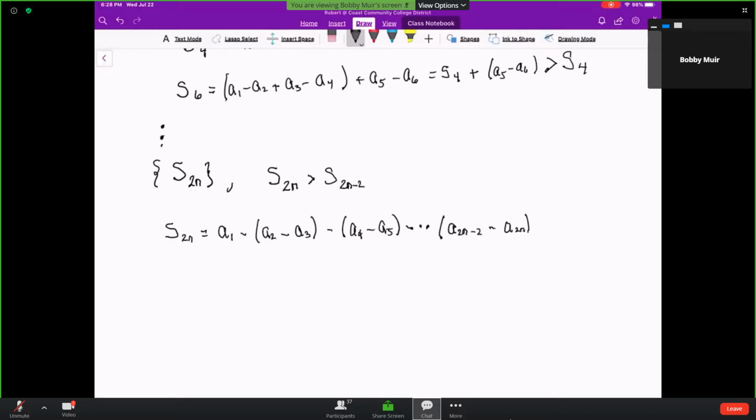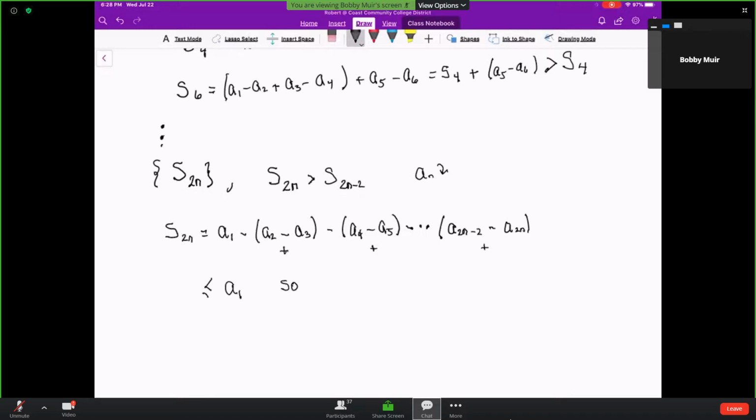Now remember that the sequence is decreasing, so AN is decreasing. So this number A2 minus A3, that's like 1/2 minus 1/3, is a positive number. All of these are positive numbers, so that means it's less than or equal to A1.